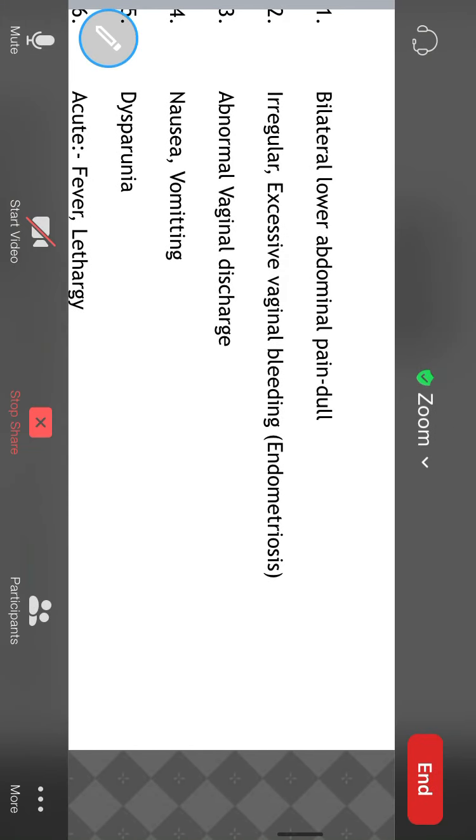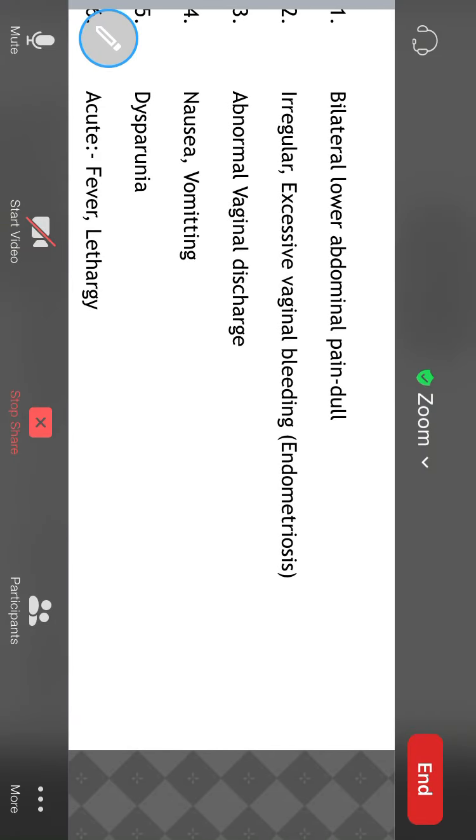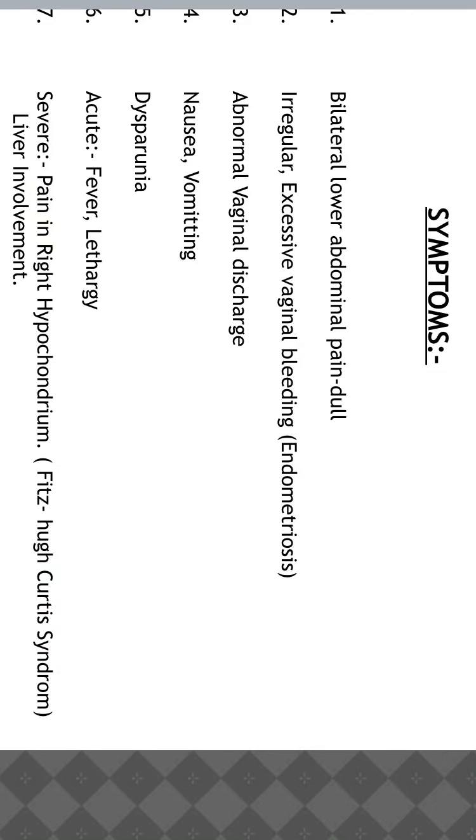Symptoms. How do they present to you? They present with bilateral lower abdominal dull ache pain. The patient presents with bilateral dull aching, continuous lower abdominal pain.